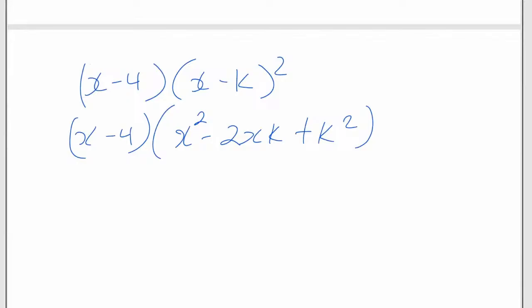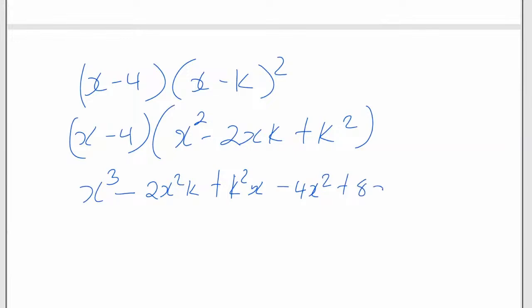When I open this up further, I'm going to have x cubed minus 2x squared k, and then plus k squared x minus 4x squared plus 8xk, then minus 4k squared.